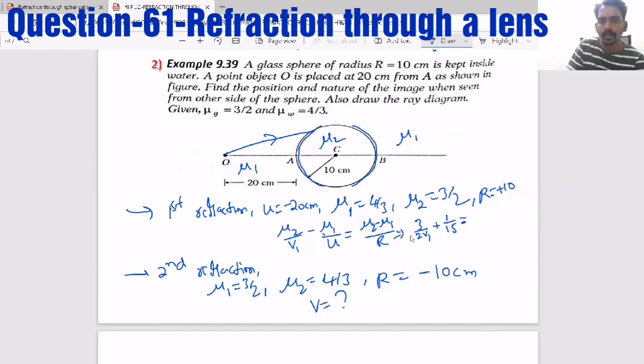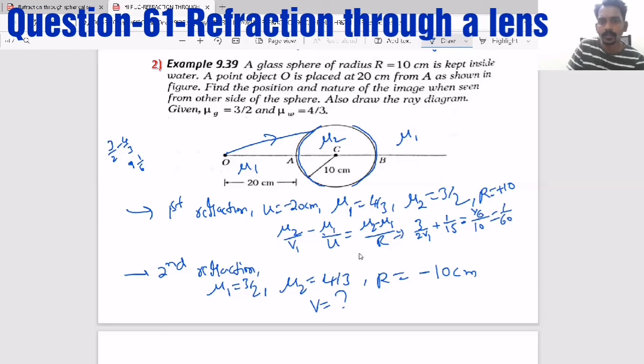Now equal to mu2 minus mu1, so 3 by 2 minus 4 by 3. So 9 minus 8 by 6, so 1 by 6 it will become. Then R is 10, so it will become 1 by 60.